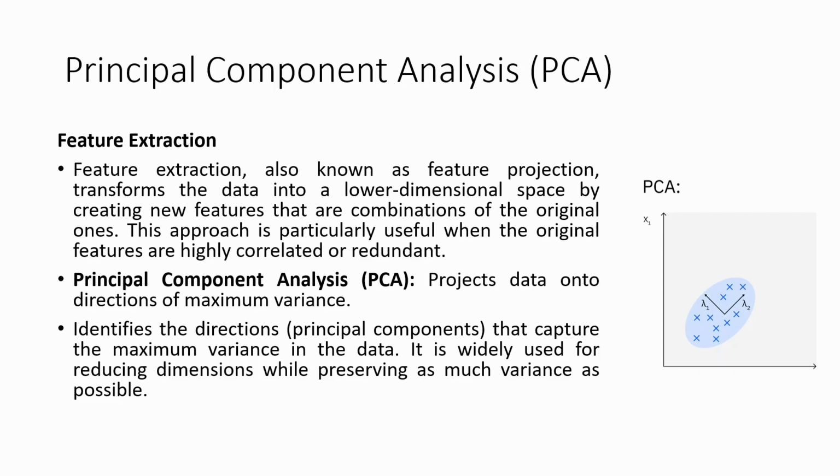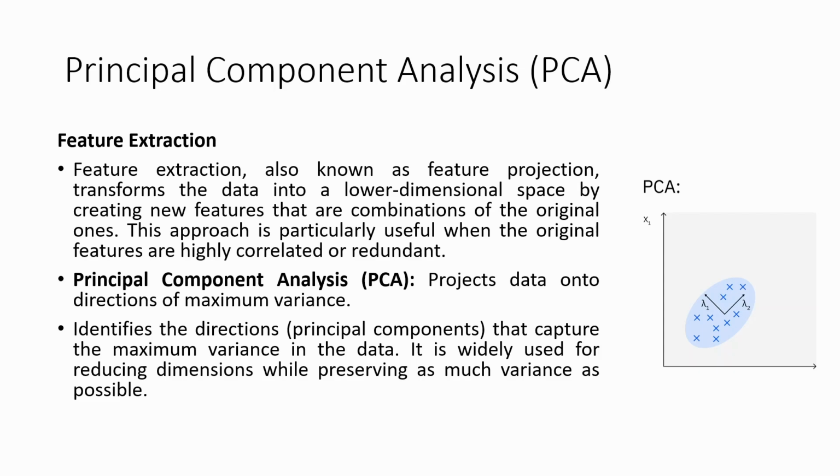Principal component analysis, in short PCA, projects data onto directions of maximum variance. Basically, PCA identifies the directions, that is the principal components, that capture the maximum variance in the data. It is used for reducing the dimension while preserving as much variance as possible.